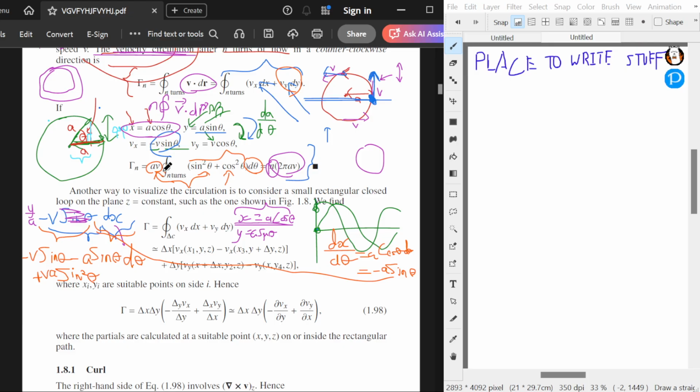And it's a closed circle, so we're going from here to here. I feel like the starting point is 2 pi and the ending point is 0. When you substitute that into theta, you just get 2 pi minus 0. So 2 pi times the constants outside times n will just be n 2 pi av.